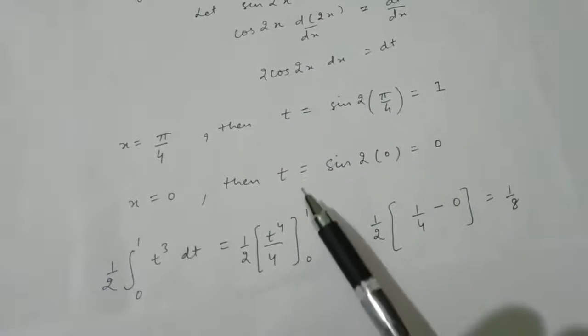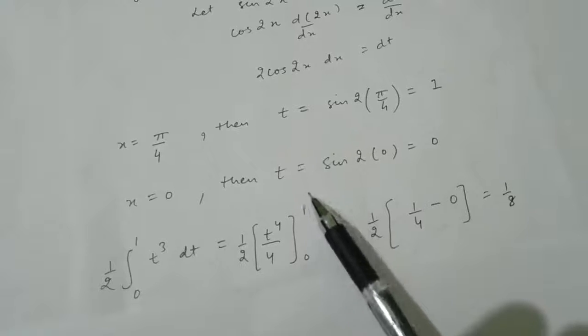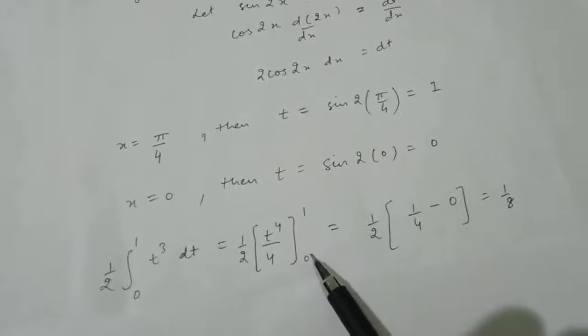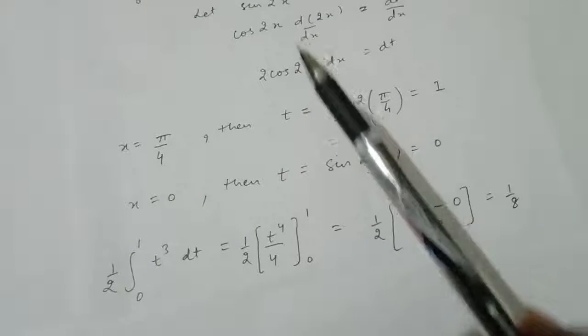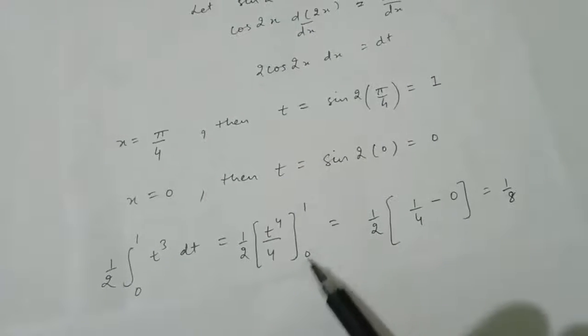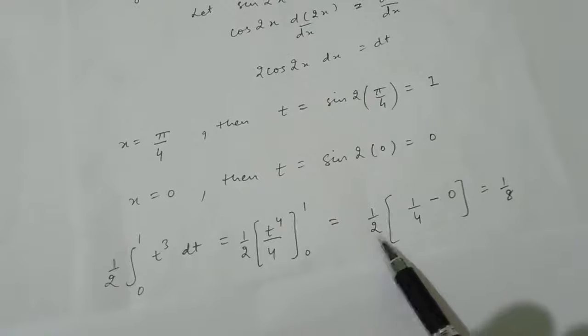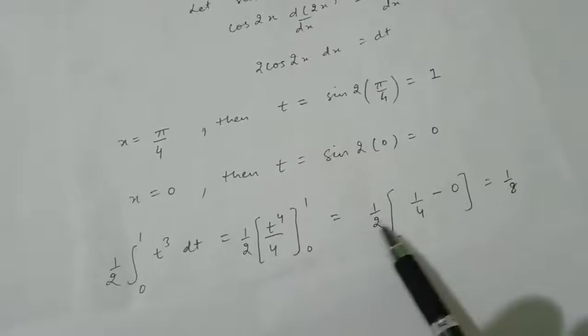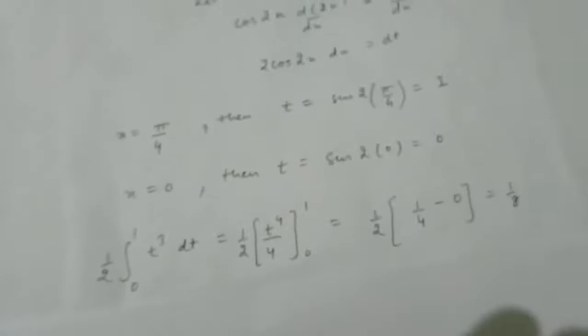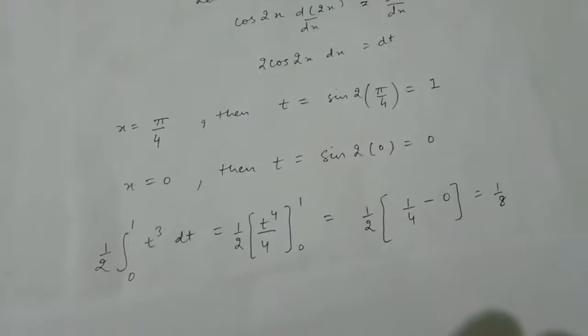Instead of that, now we have found the limits in t only, right? Therefore, we are not required to write sin 2x in place of t. Instead, we can now directly put the limits. So you will get 1 by 2 into, when you put 1 in place of t, 1 by 4, minus when you put 0, you will get 0 by 4, which is 0. So the answer will be 1 by 8.